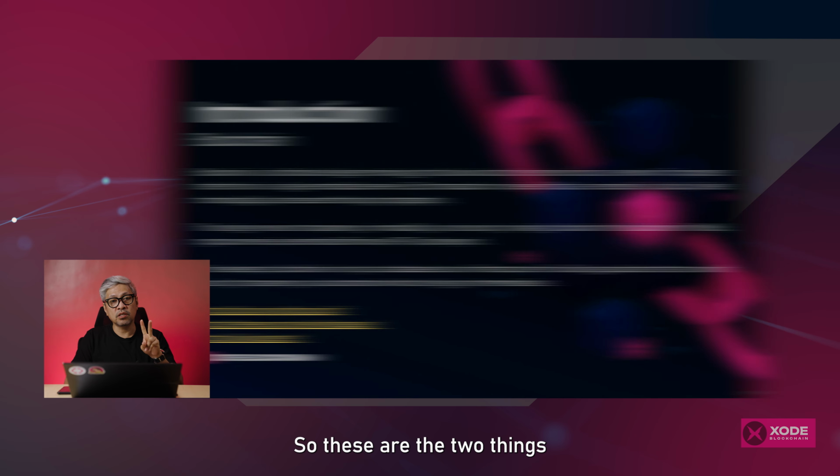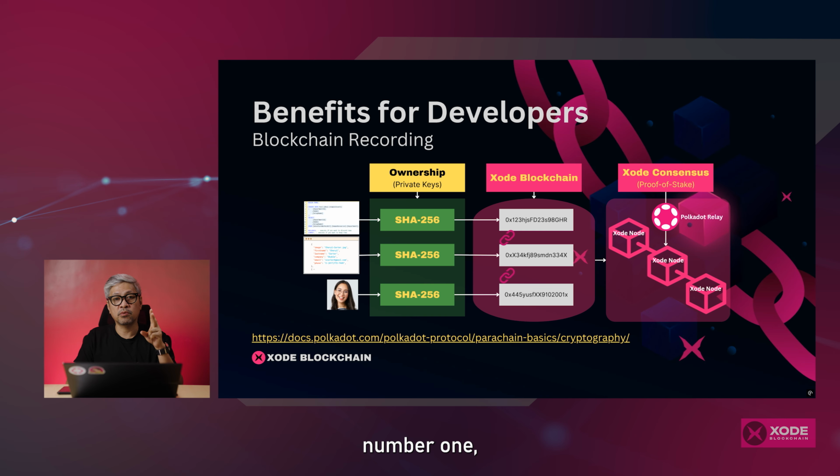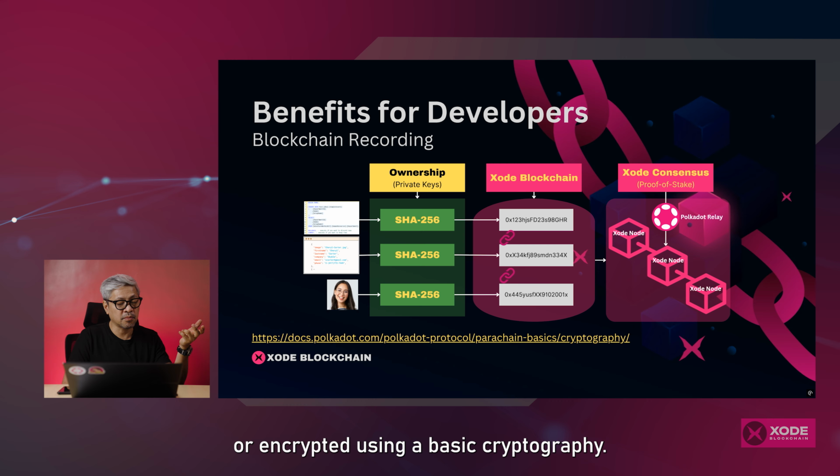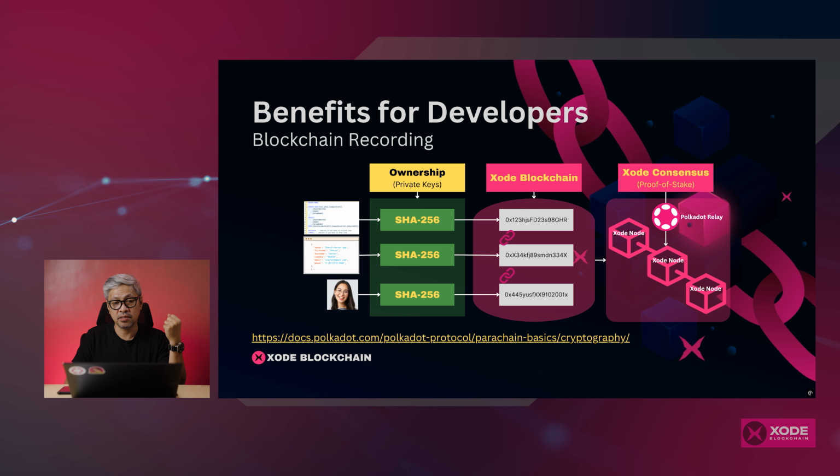So these are the two things that you need to know. Number one, it is stored on a network of computers rather than on a single server. And number two is that the data that is stored on the blockchain is stored by blocks, linked chronologically, and hashed or encrypted using a basic cryptography like SHA-256.